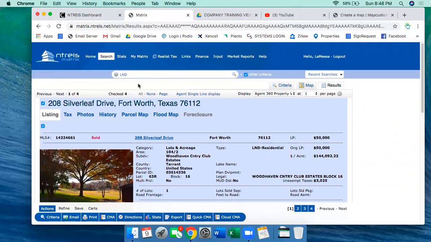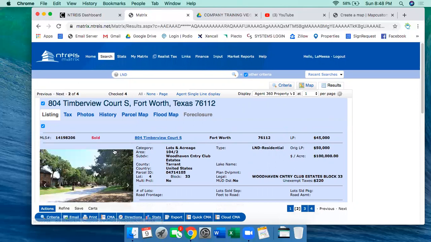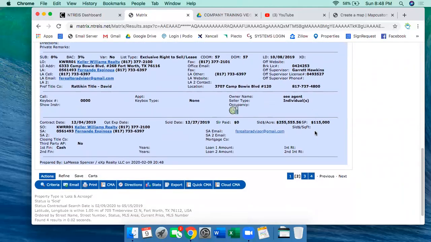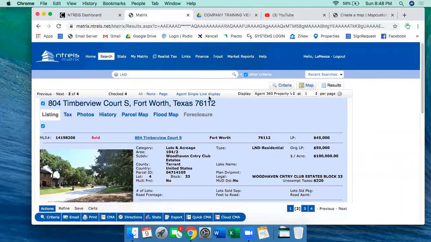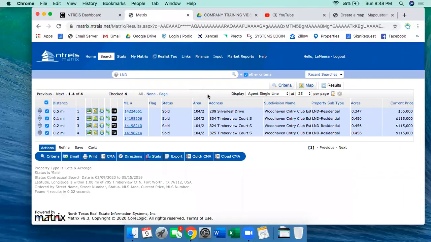So what we'll do is we'll look at these next lots, which probably were purchased by the same buyer. And it looks like they listed them for $45,000, and they have a sold price of $115,000. So what we can kind of gauge here when we go back to all of the lots is that these 3 lots, which are side by side, as we can see, sold all 3 for $115,000.